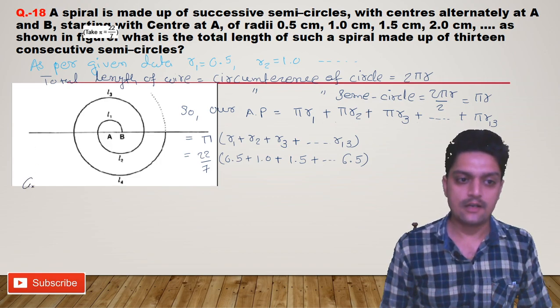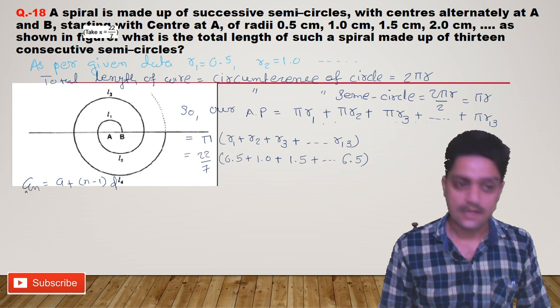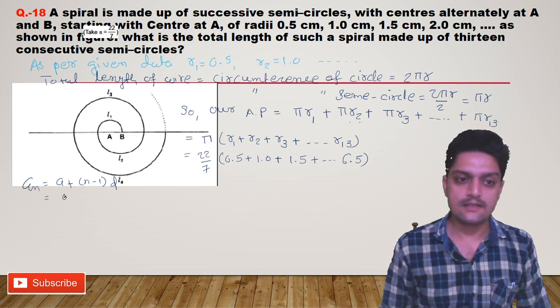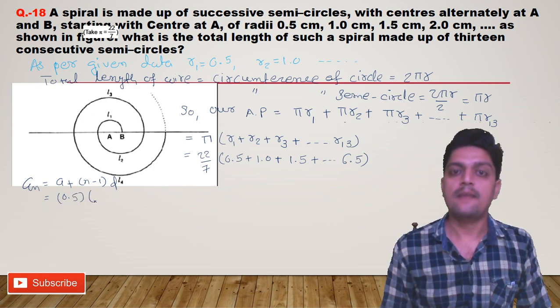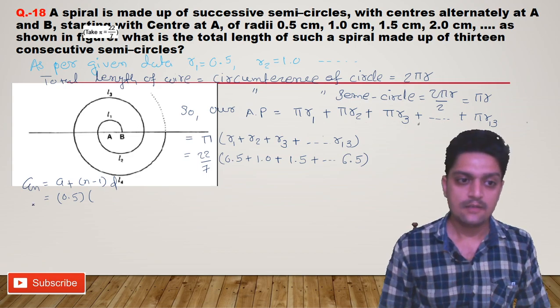You have to write an is equal to a plus n minus 1 into d. Here n is for your last term, that you have to find. So a is 0.5 and n minus 1 is 13 minus 1, because the total terms are 13 and here you are going to find a13.